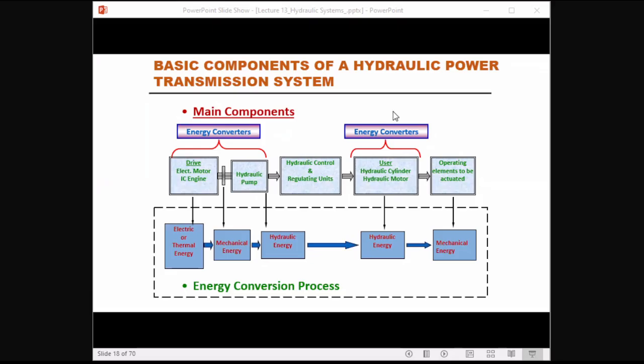What is the meaning of energy converters? Here you can see the system broken down into several key components, each component with a specific function. First thing is energy converters.